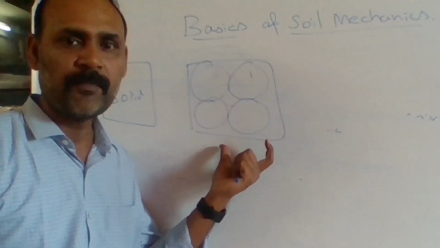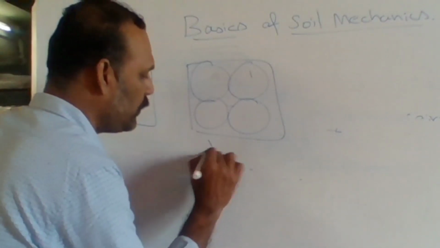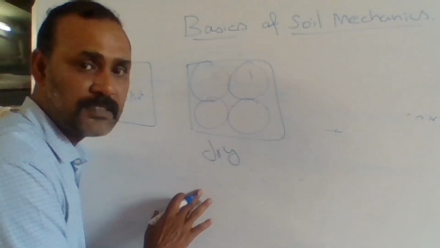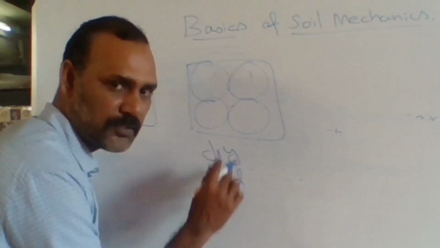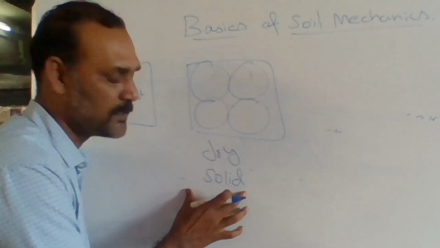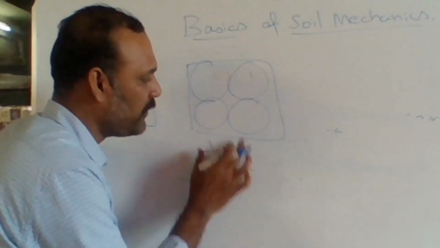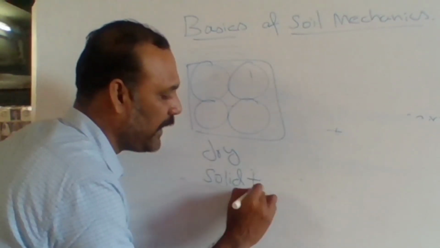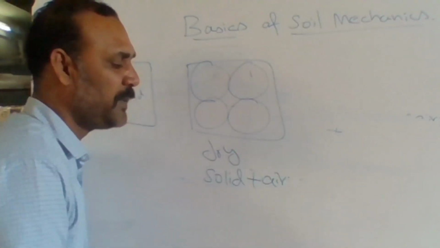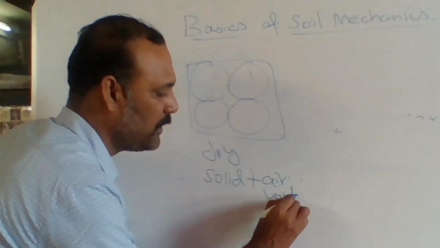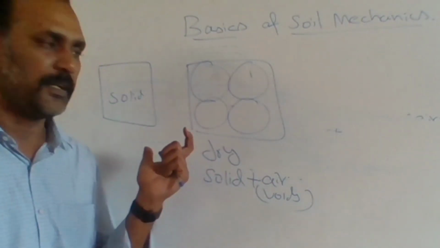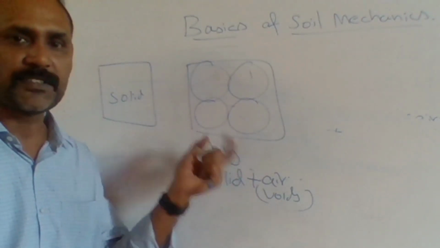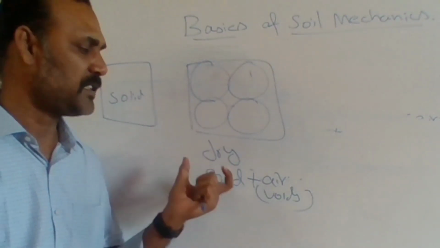So dry soil consists of solids and, in between the solids, air pockets, which means voids. There is no water over there. That is dry soil.